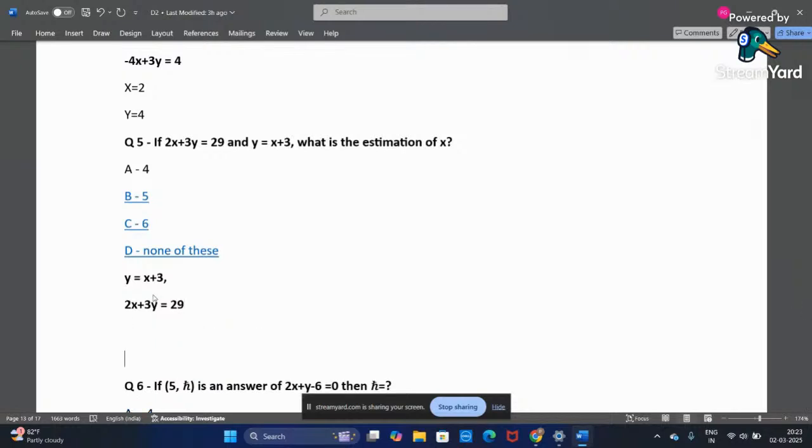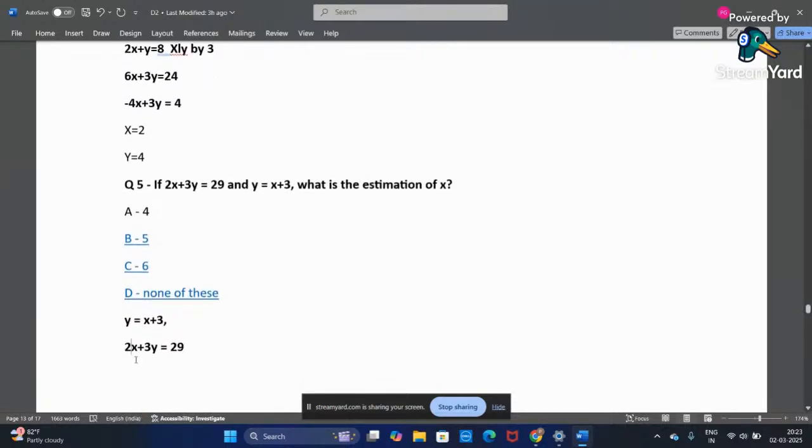Okay. 2x plus 3. What is y here? x plus 3, right? The y value is x plus 3, right?